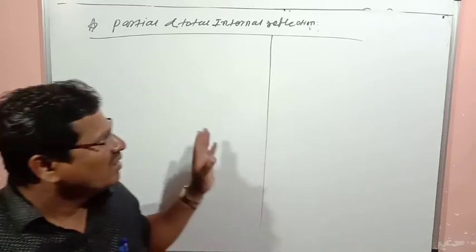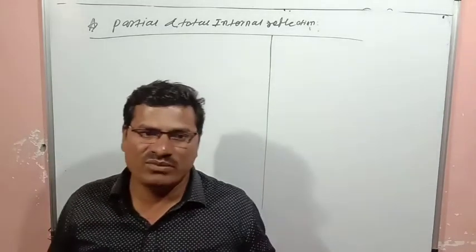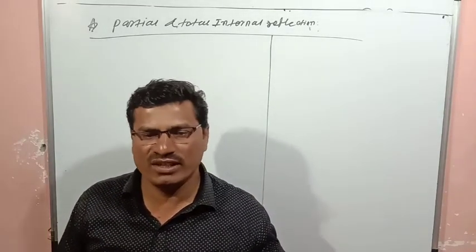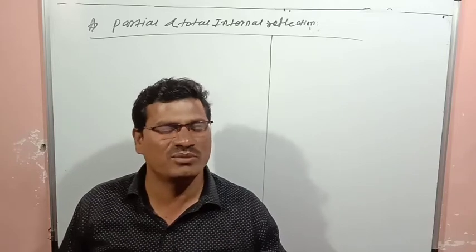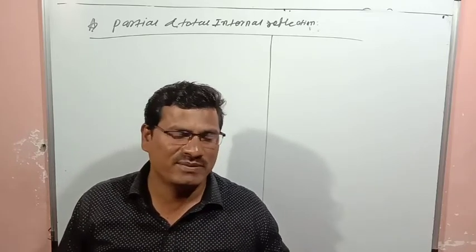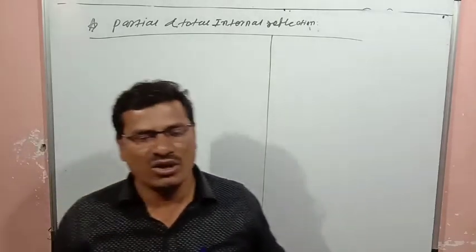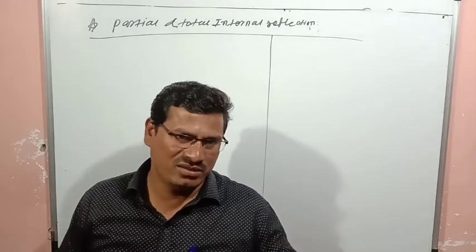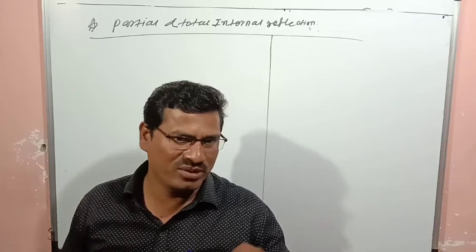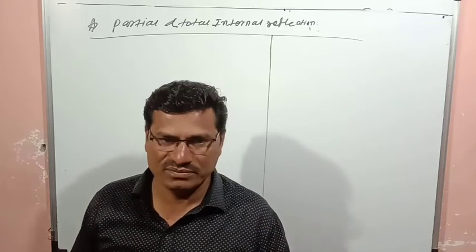Listen, in case when light enters from a rarer medium to the denser medium, or suppose light enters from denser medium to rarer medium, that rules first will revise. When light enters from the rarer medium to the denser medium, then it bends towards the normal.